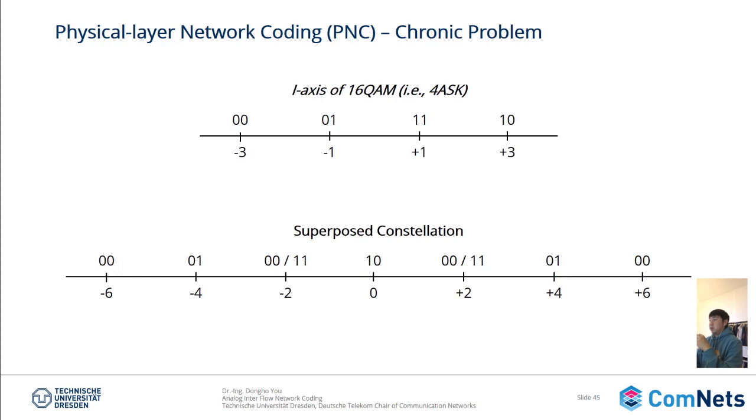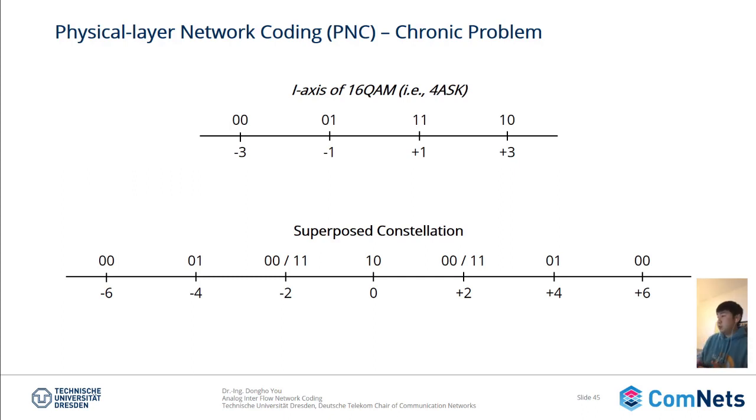However, there is a chronic problem when we use QAM in physical layer network coding. As I said, QAM is a very popular modulation scheme in modern communication systems. Let's see the example of 16-QAM. Actually, it is the same as using ASK on 2 independent bases, cosine and sine.